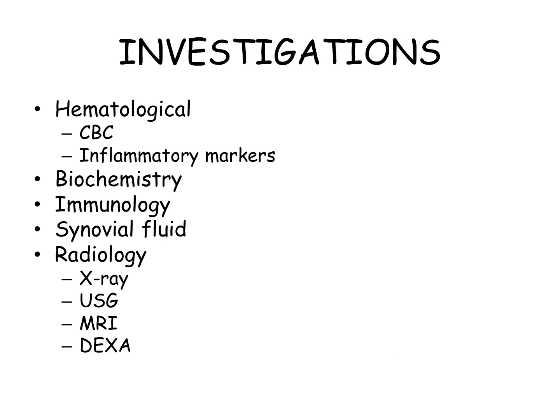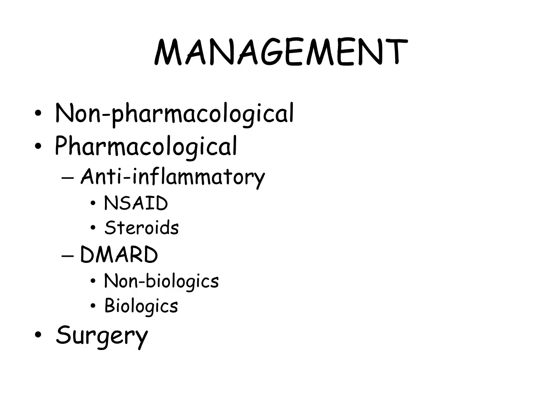And for involvement of the joints, of course, we may need to do X-rays. X-rays show findings in well-developed diseases, that is, those that have progressed. If you're looking for earlier findings in a patient who has not developed destruction of the joint, you do an MRI. If there is effusion in the joint, you can also do an ultrasound of the joint, and to look at bone density, a DEXA scan. So these are the radiological investigations that you may need to do for your patients.